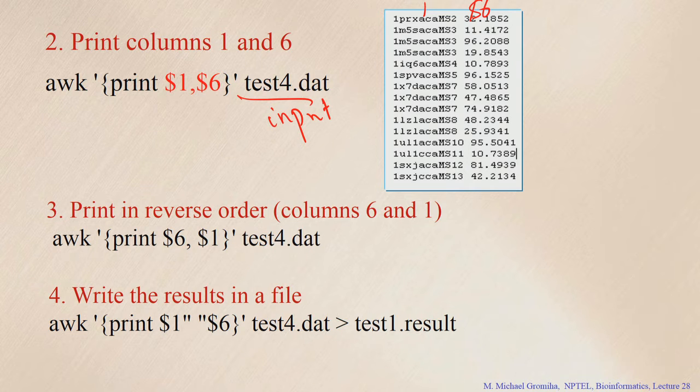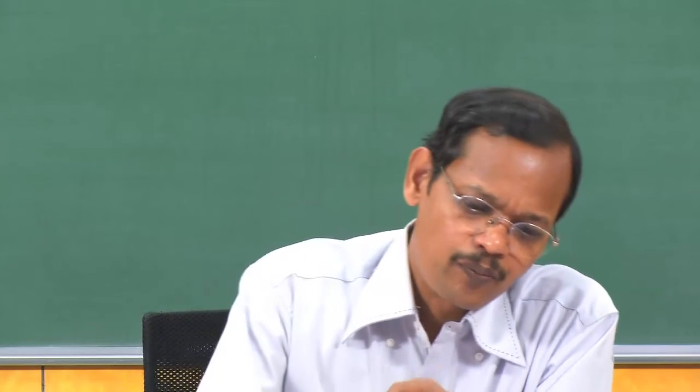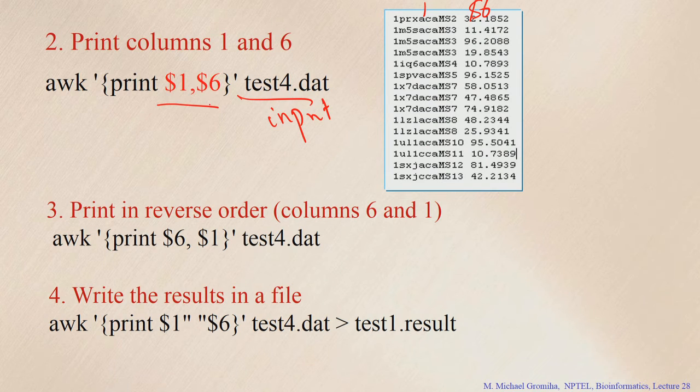Now, the question is whether it is possible to write in reverse order. I do not want to get 1 and 6; I want to write the results as 6 and 1, because I want to deal with the 6th first. Is it possible to write the data in reverse order? It is possible. How to do this? You can see the order: it follows the same order that you give in the action.